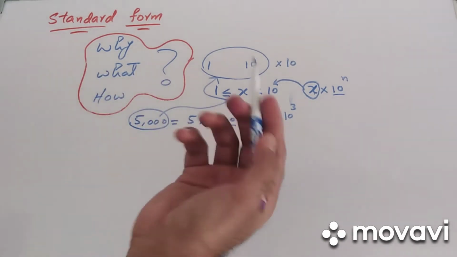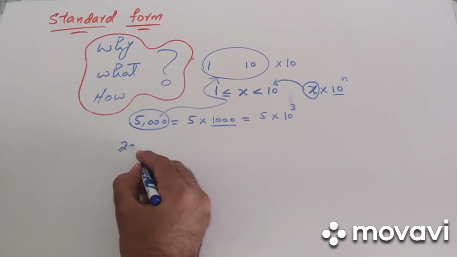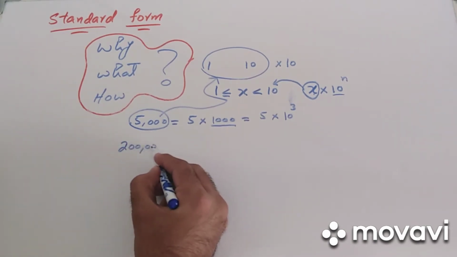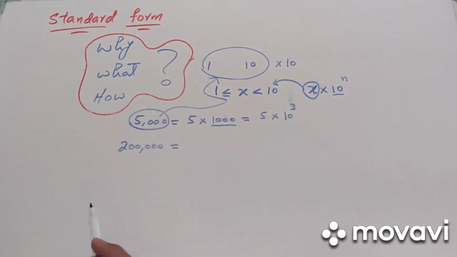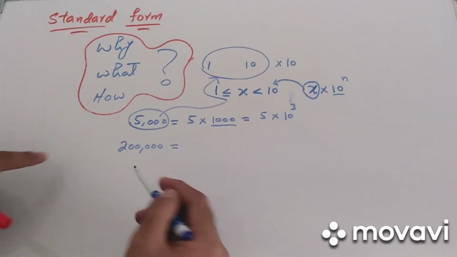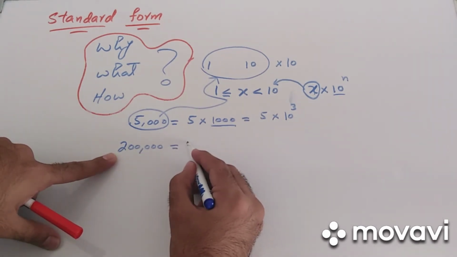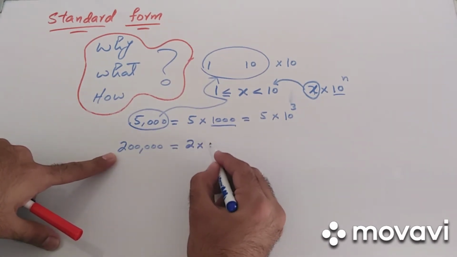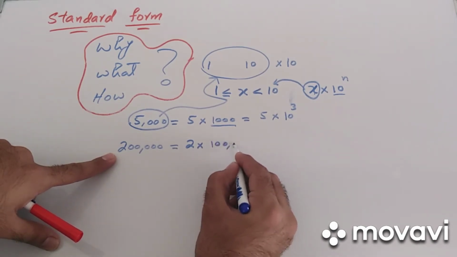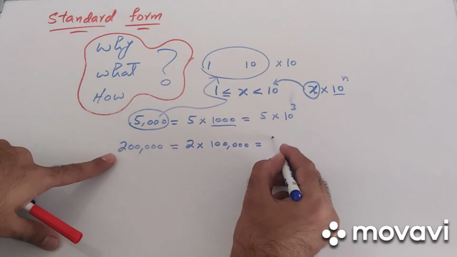Alright, let me give you one more example of the same type. Let's say we have the number 200,000, and you have to convert this into the standard form. First of all, expand the number: it means 2 times 100,000.